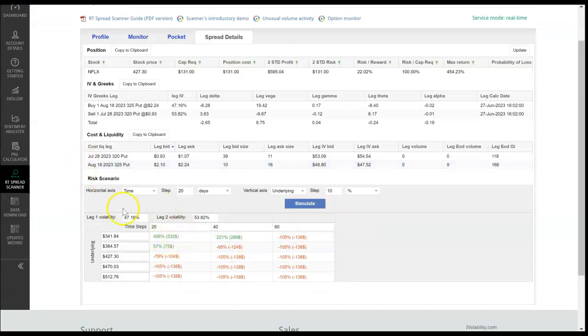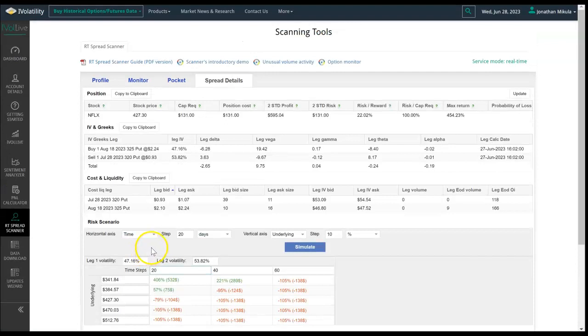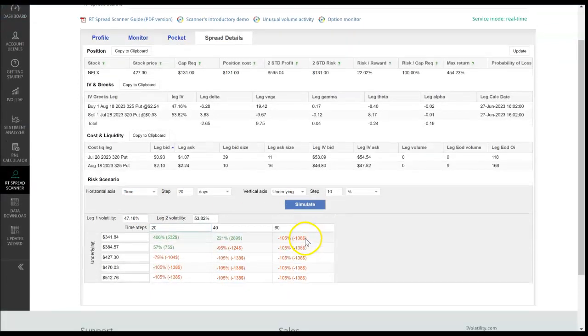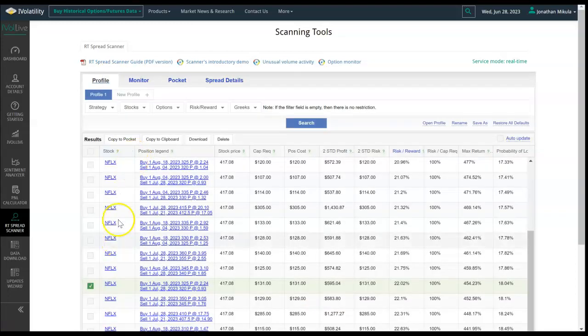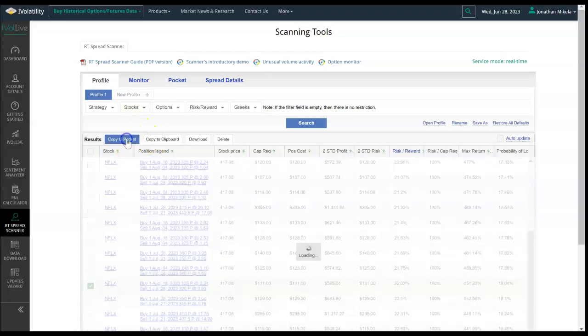And you hit simulate, and this is like a mini, quick and dirty P&L. It shows, okay, if Netflix price goes to X, Y, or Z, over 20 day, 40 day, or 60 day, what does the net profit look like on the trade? So this is a very good way to gauge where you need the price to be in order to show the max potential profit. And then when we go back, if we like that trade, we could copy to our pocket.